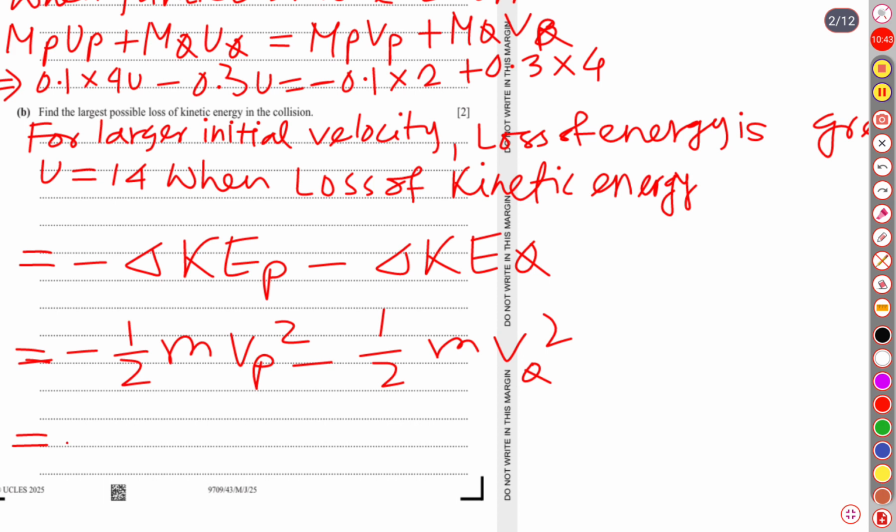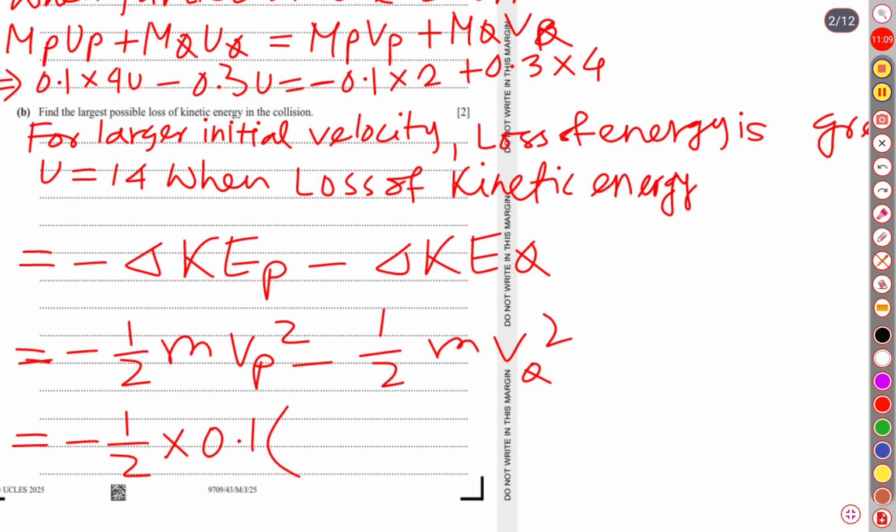Now let us substitute the values. Mass of particle P was 0.1 and u was 4. Actually, this is the difference between final and initial velocities.